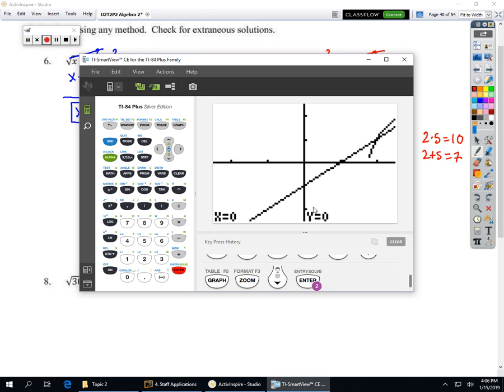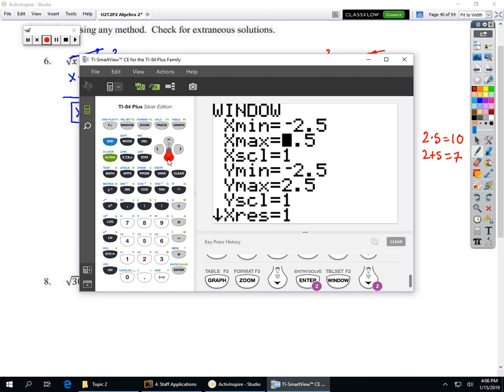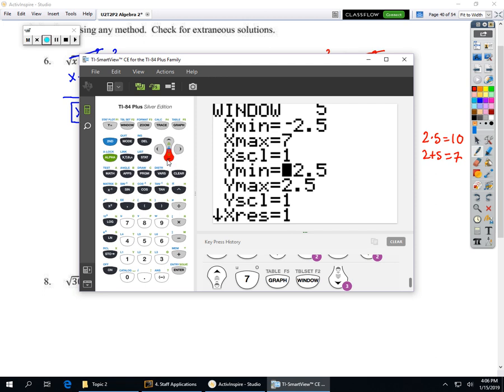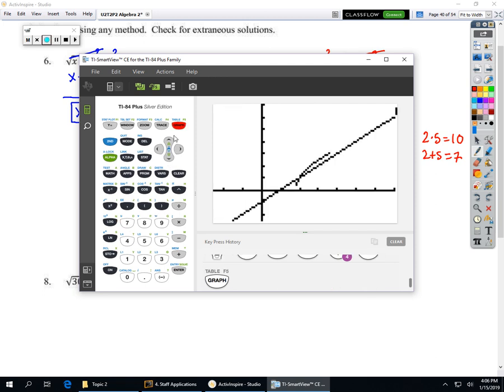It certainly crosses at 2. Does it cross at 5? I'll change my x maximum. Let's just make it 7. It needs to go higher. Maybe make y max 7. So yes, it crosses at 2, 3, 4, and it also does cross at 5.